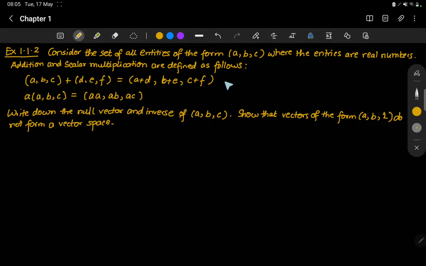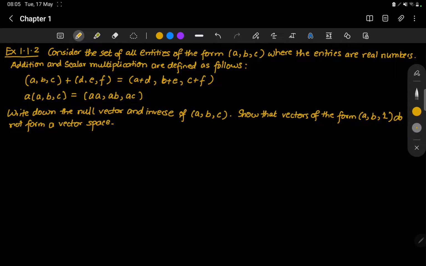We need these two definitions for the linear vector space, and then we want to find out the null vector and inverse over here for each entity. Then the next task is to see that this kind of format of entities, where we fix the third entry to a value of 1, are not forming a vector space.